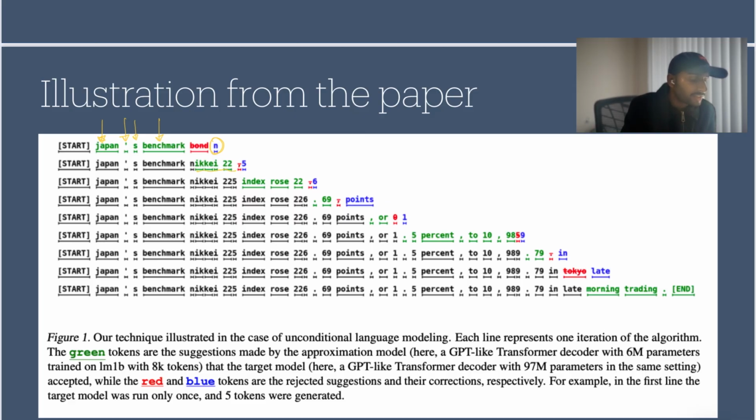When it's rejected, it's colored red. And when we sample from this new P prime distribution, we have this blue color here. So we sample from this approximate distribution, and keep sampling until we have a rejection. When we have a rejection, we sample from this P prime X distribution.